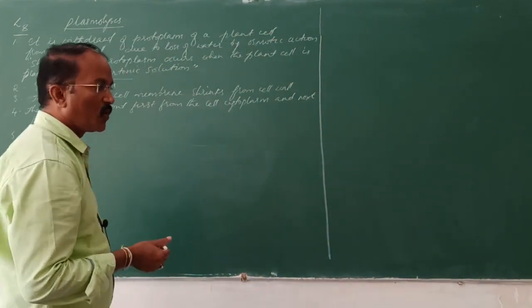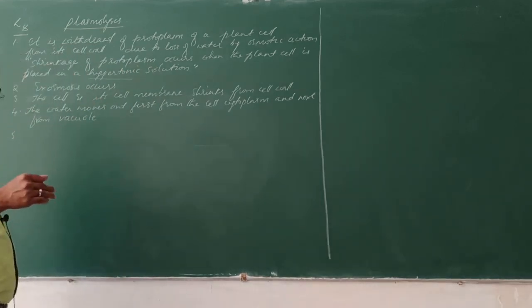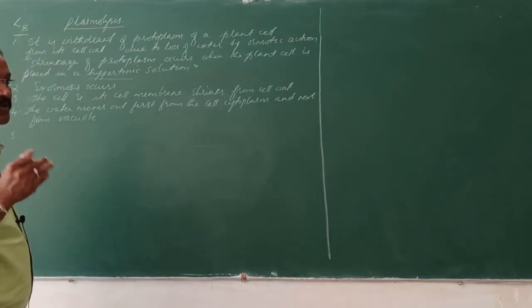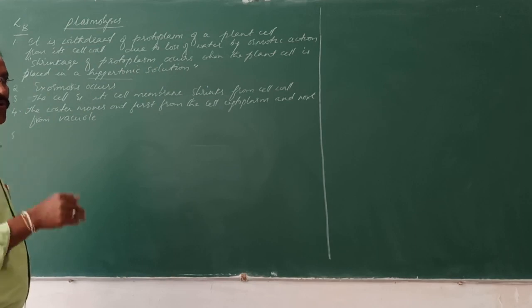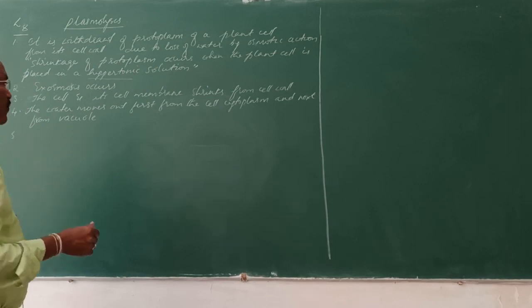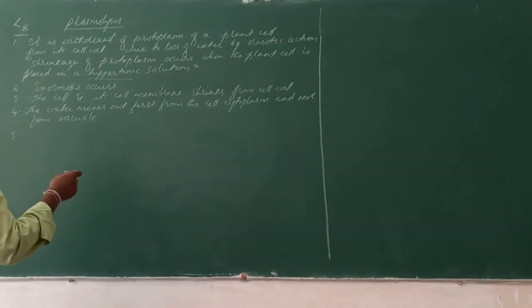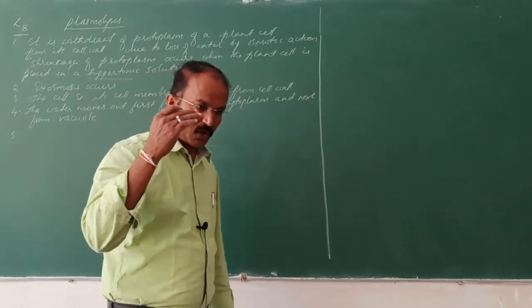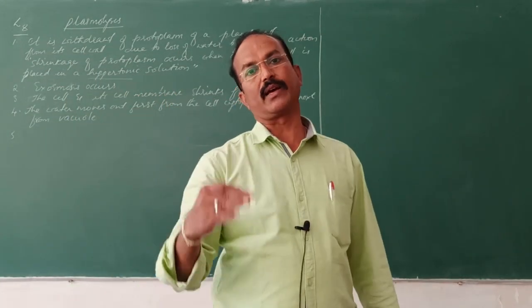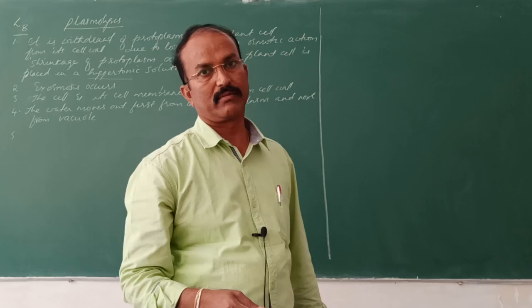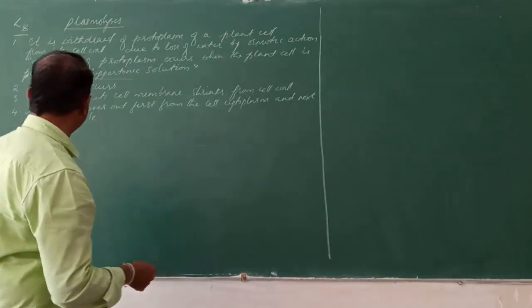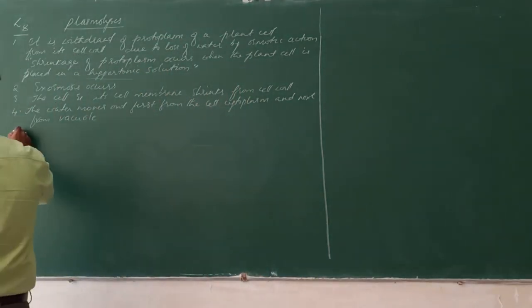to a region of lower water concentration, or I can say from a region of higher water potential to a region of low water potential, or from low solute potential to higher solute potential. Understand? So we can define it in different manners.